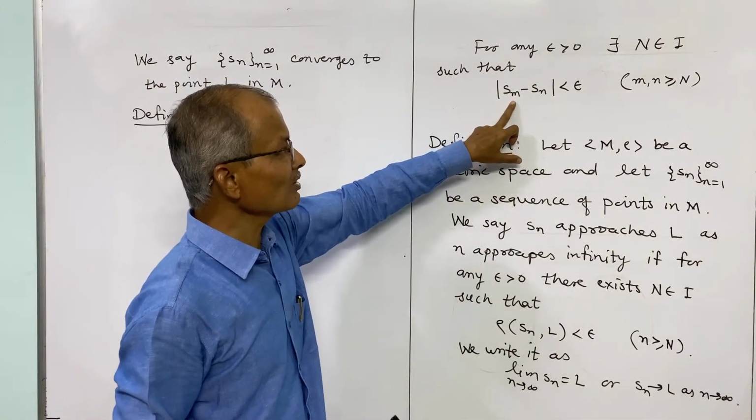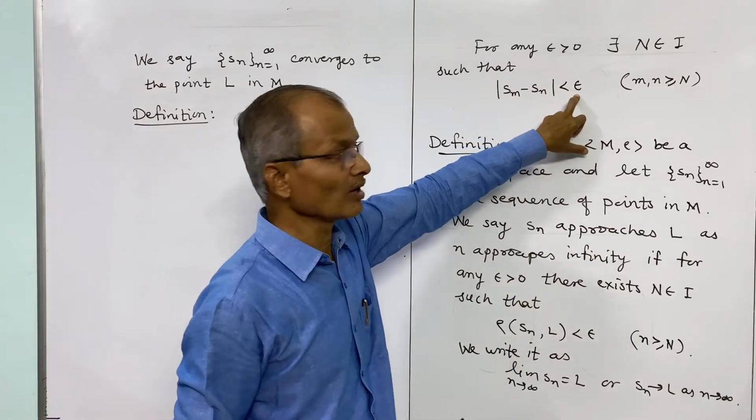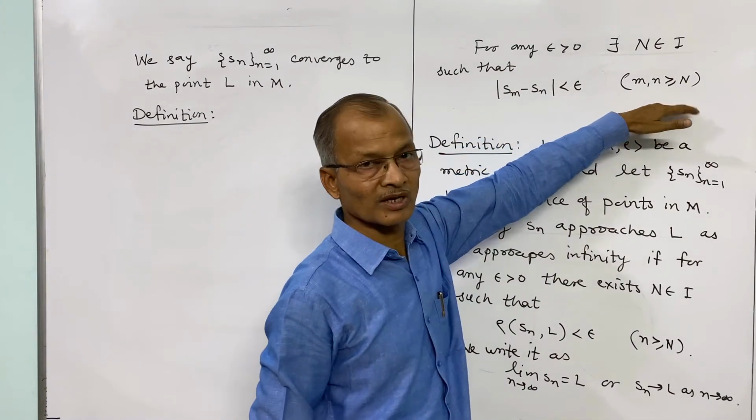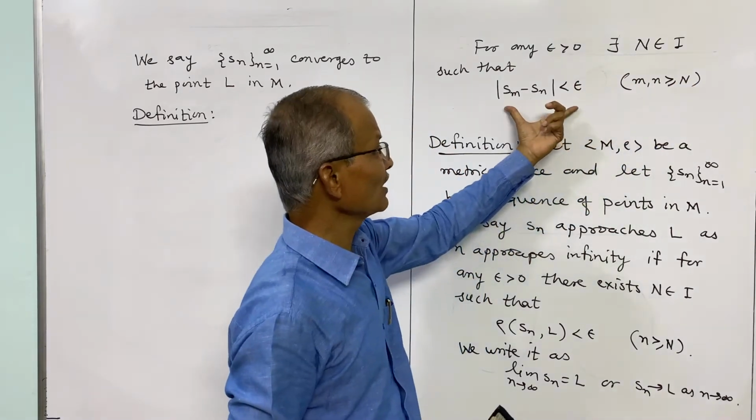That means the difference of the mth term and the nth term is becoming smaller and smaller whenever m and n become greater than or equal to a certain number capital N. So this we have studied earlier.